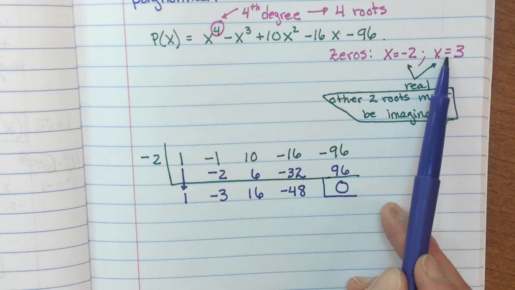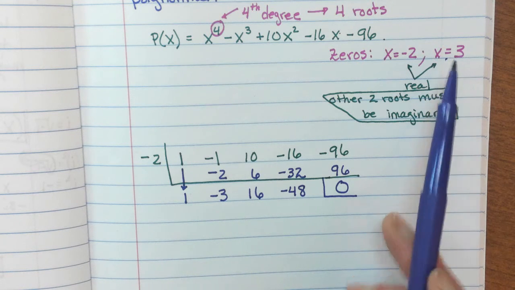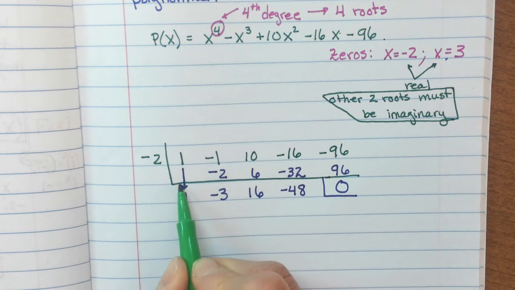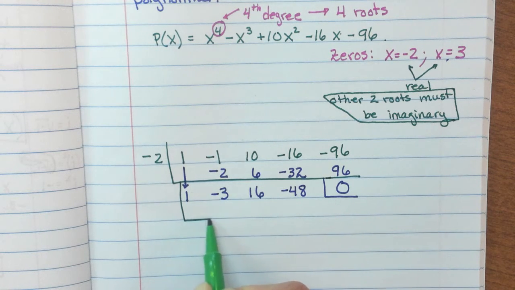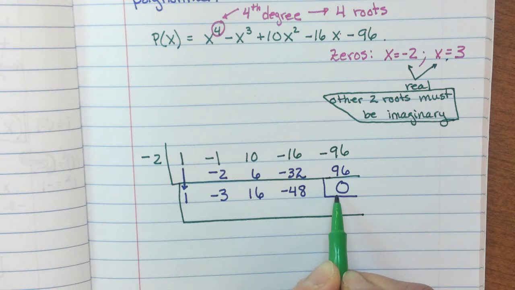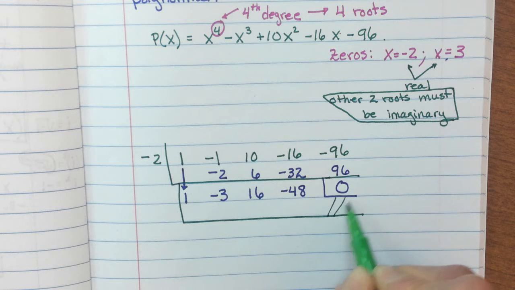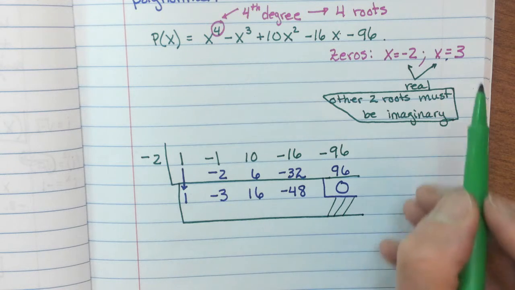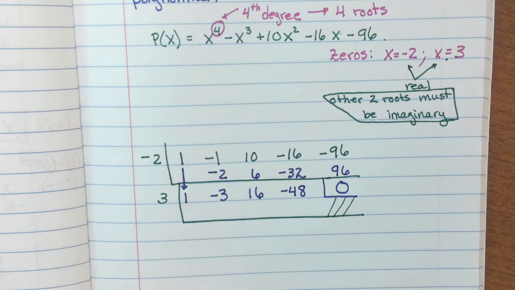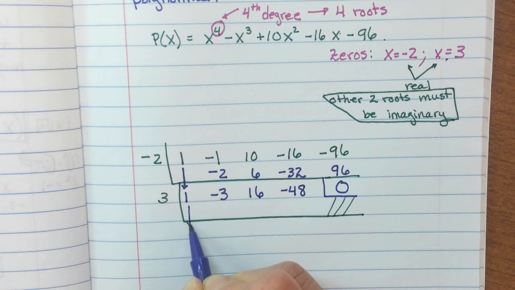I'm given a second 0, which means I'm going to do this process again with the other 0. I'm going to rewrite another one like this. I don't have to worry about this one. Nothing's going to happen here. I'm going to put my 0 of 3 right here, and I'm going to go through this process again. I'm going to bring down this 1.